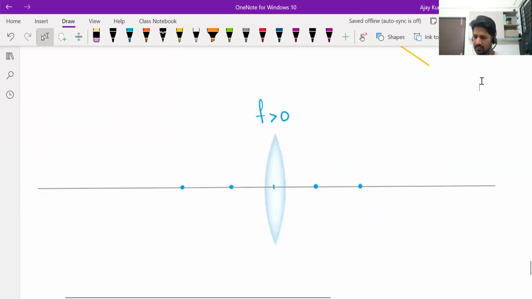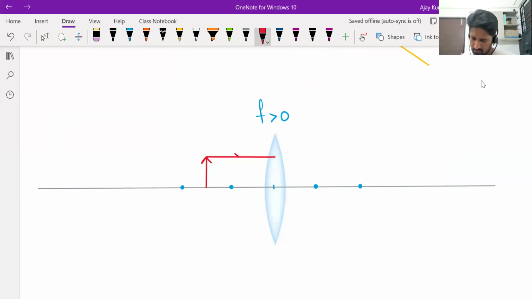If object is between f and 2f on this side, say somewhere on this side, so you should do this exercise once on your own.